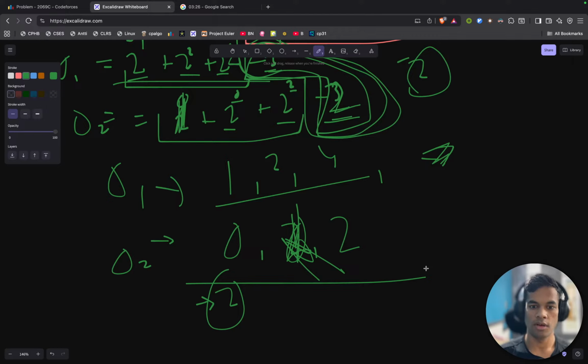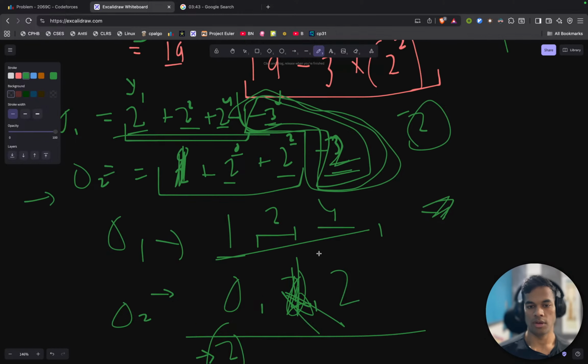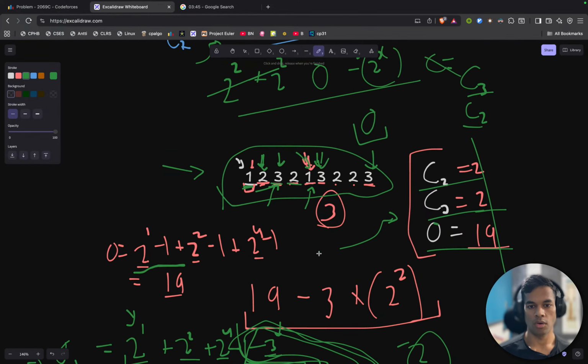Yes, we have done a question similar to this one before. Here we will be using, first we will have to store these numbers, which is for every 3, the number of 2's to the left.